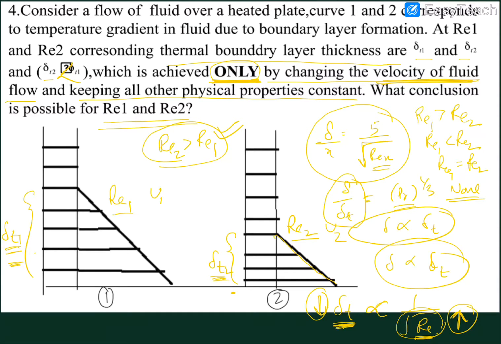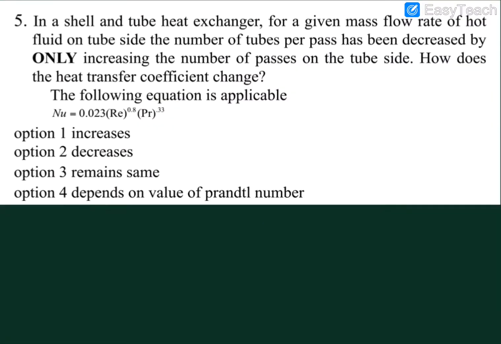Okay, so let us move to the next question. Here we have a very interesting question with respect to shell and tube heat exchanger. Let us see. In a shell and tube heat exchanger, for a given mass flow rate of hot fluid on tube side, the number of tubes per pass has been decreased by.